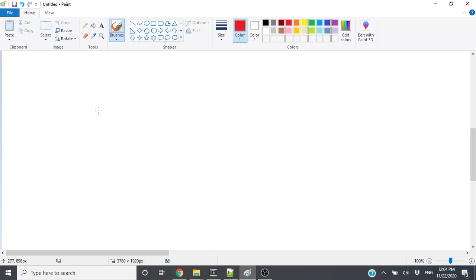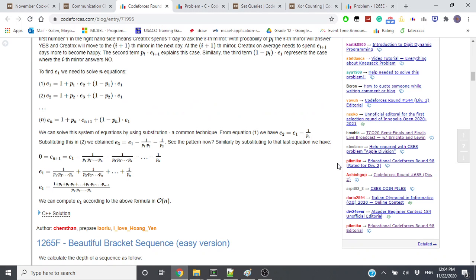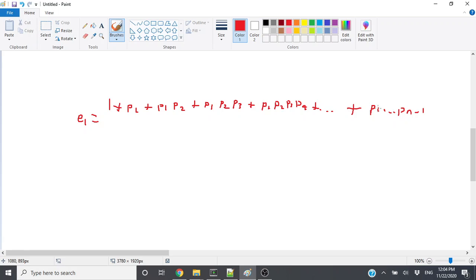So let's see. The value is E_1 equals 1 plus p1 plus p1 p2 plus p1 p2 p3 plus p1 p2 p3 p4, etc., plus p1 dot dot dot p_(n-1), all that over p1 dot dot dot p_n. Oh, I see.